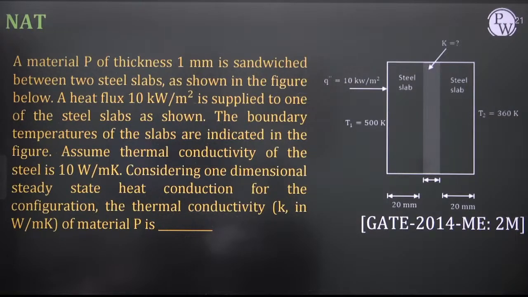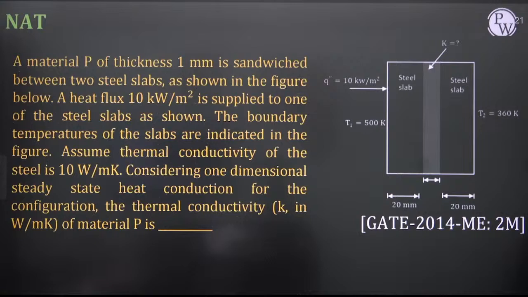A material P of thickness 1 millimeter is sandwiched between 2 steel slabs as shown in the figure below. A heat flux of 10 kilowatt per meter square is supplied to one of the steel slabs as shown. The boundary temperatures of the slabs are maintained as indicated in the figure.